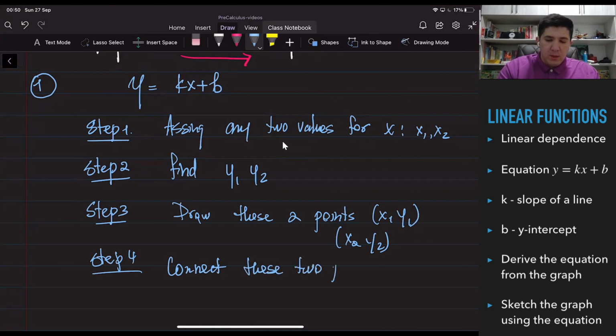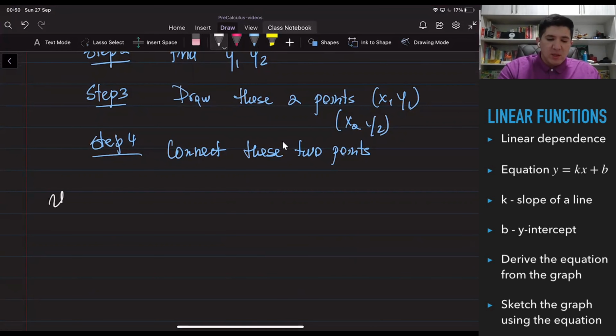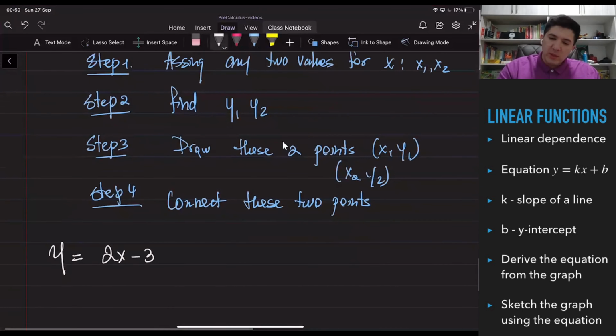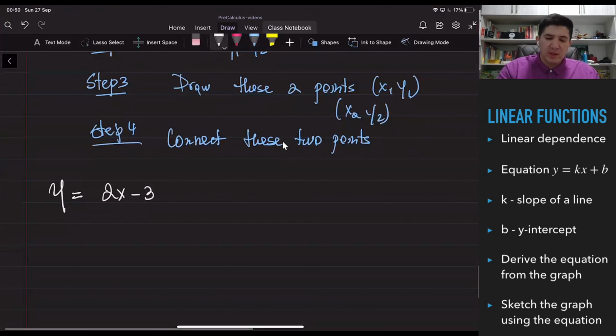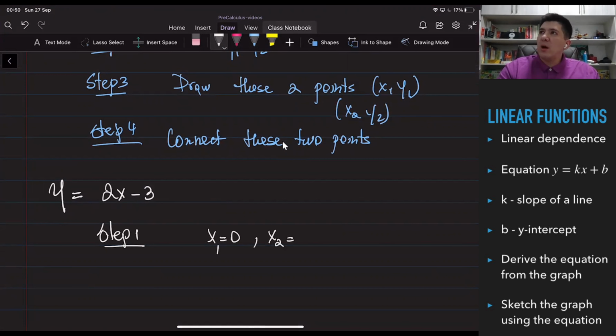So let's make an example. You're given an equation, y is equal to 2x minus 3, for example. In step number 1, we need to assign any values for x. I'm going to choose x1 to be equal to 0, for example, and x2 is going to be equal, let's say, to 3 over 2.